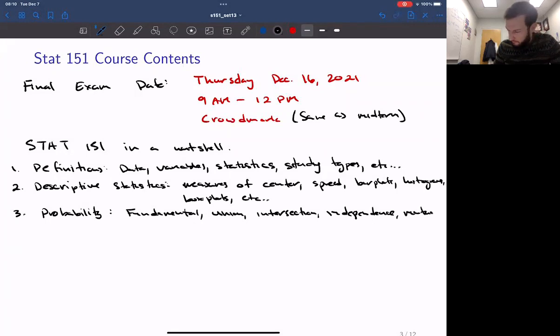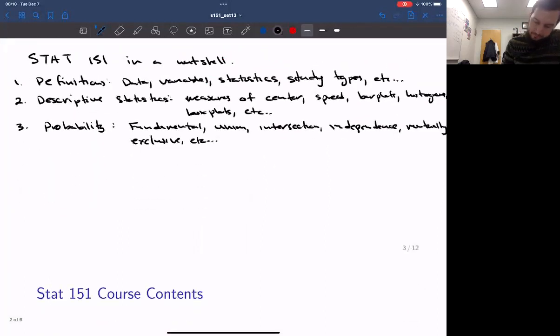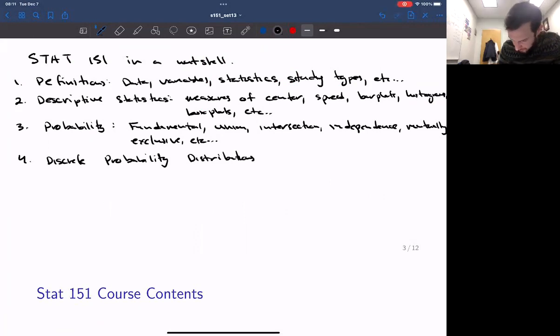Mutually exclusive, etc. Okay. Unit 4, we did discrete probability distributions. So this was the general and binomial.